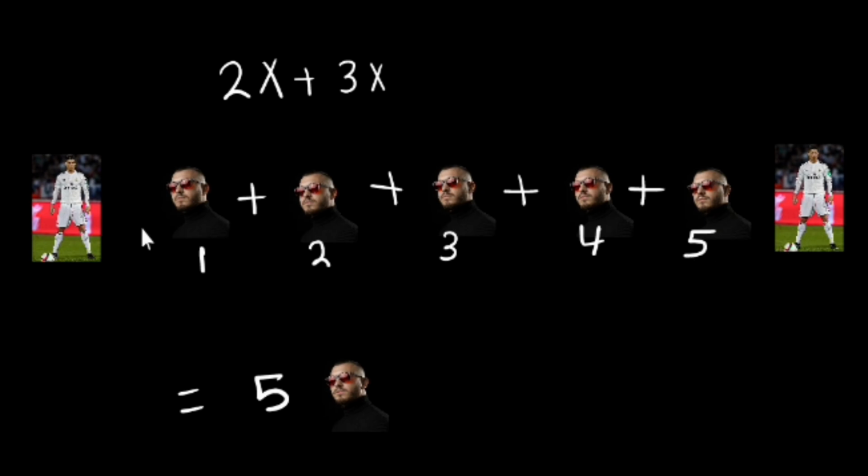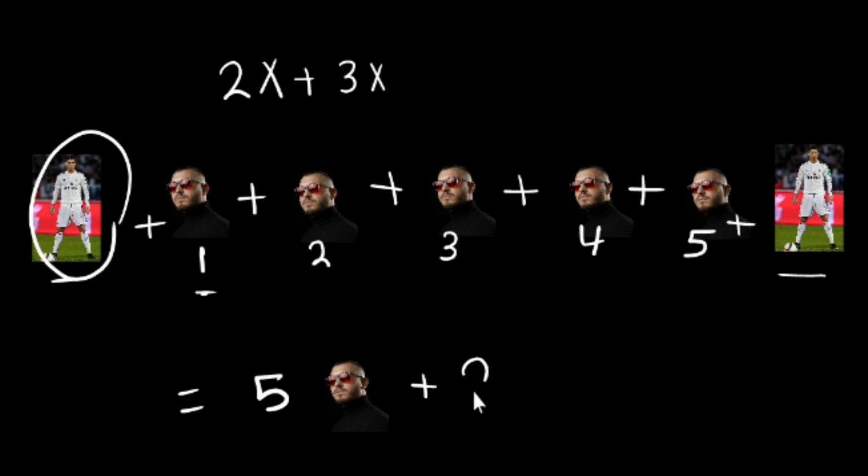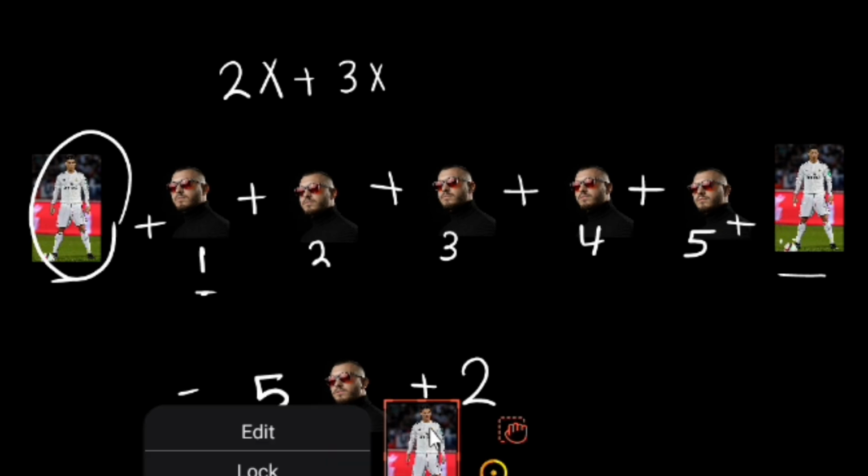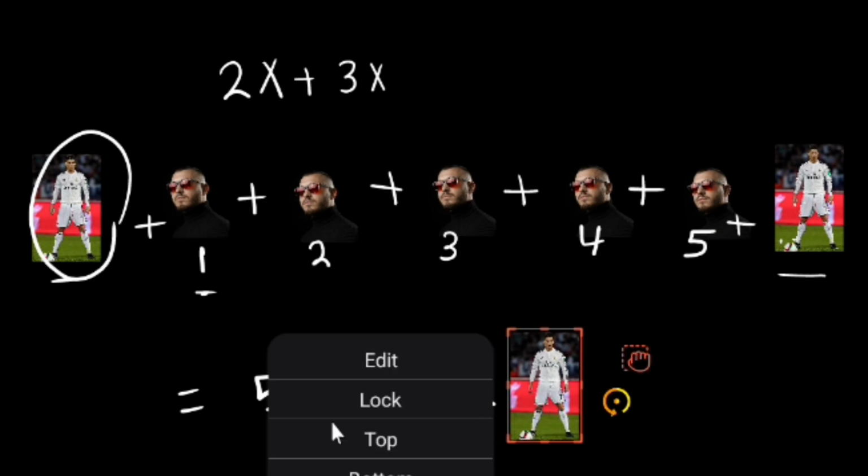They are different, they are not the same. Cristiano is a player. Mr. Ahmed is a math teacher. So I can't add them together. But I can add Cristiano to Cristiano because they are the same. So if I asked you how many Cristiano I have, I have 2 pictures of Cristiano Ronaldo.